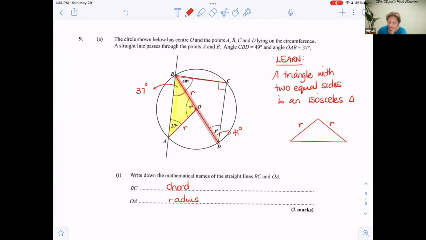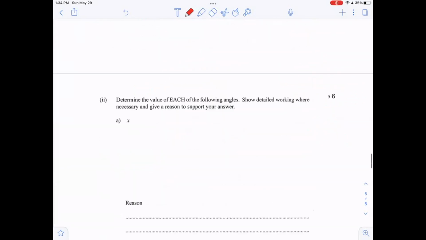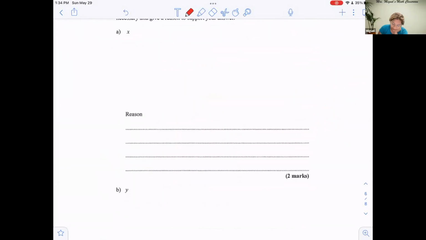Yes, Brittany, go ahead. What is the angle X? 106 degrees. Yes. So X is 106.